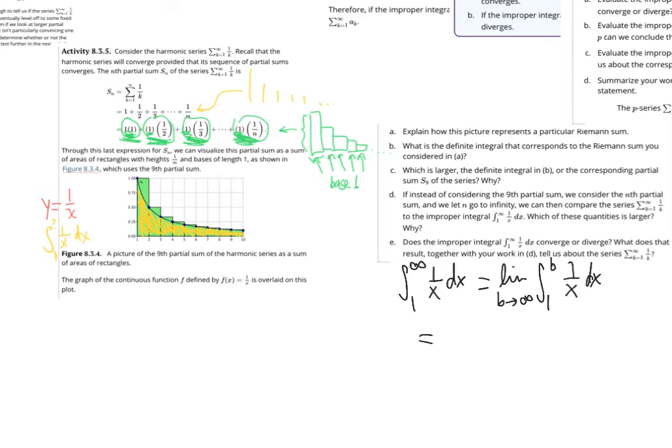The antiderivative of 1 over x is ln of the absolute value of x. But since our interval only involves positive numbers, I'm just going to write ln x to keep it simple, evaluated from 1 to b. Now, you should notice I just made a mistake. I left something out. We're supposed to be taking the limit here.